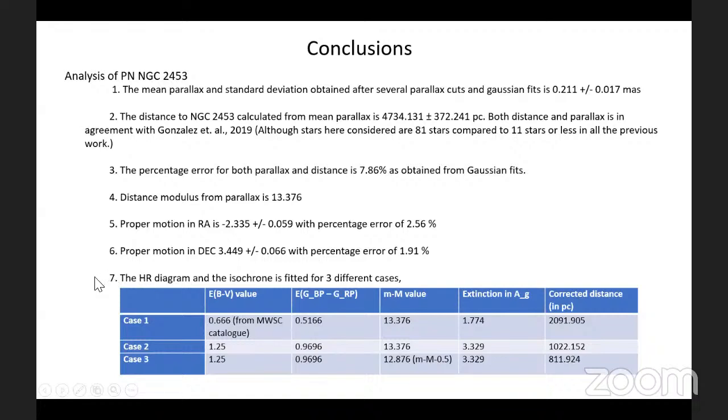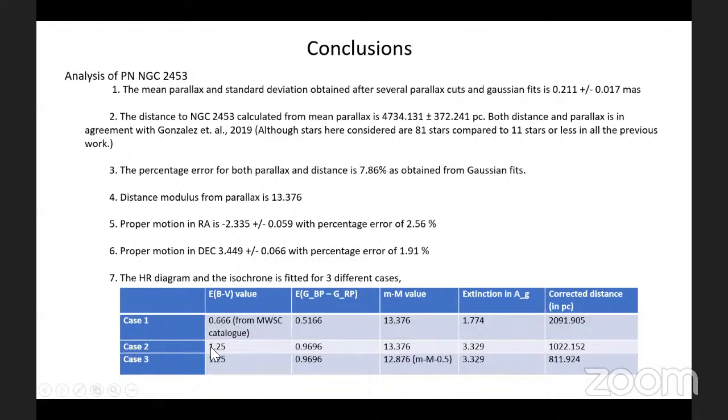Next is the fitting, which we did for the three cases. The extinction values and the corresponding distances, I have tabulated here so that it is easier to visualize the whole thing. So compared to 4.7 kiloparsecs, what we get here is around 2.1 kiloparsecs, if we go with the reddening value as given in the Milky Way star cluster catalog.